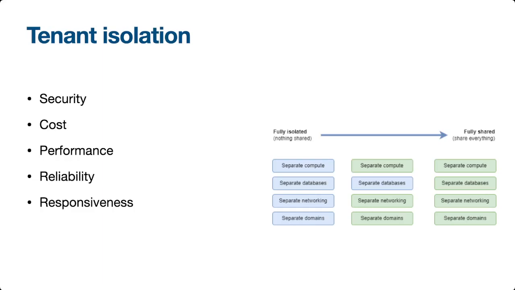Next is tenant isolation. Rather than thinking of isolation as being a discrete property, you can think about isolation almost as a continuum. You can deploy components of your architecture that are more or less isolated than other components in the same architecture, depending on your requirements.